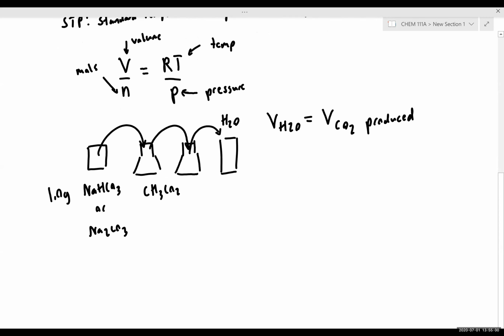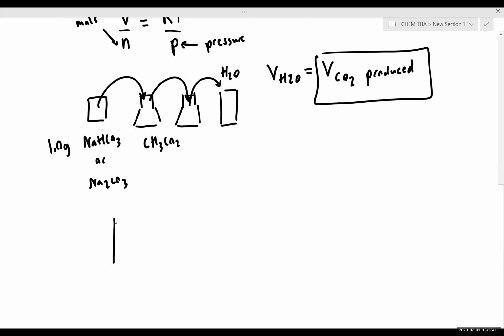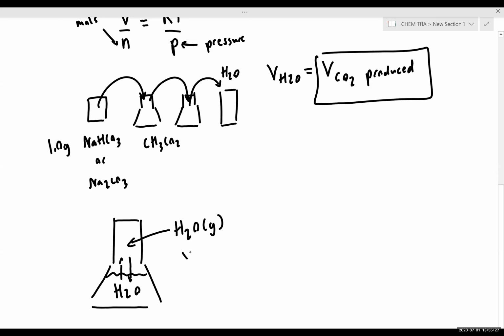Now, from here, we know the volume of gas produced. Now let's talk a little bit about what's going on inside our water collection flask. Inside our flask, we have water, and above the surface, the gas consists of water vapor plus carbon dioxide gas, which is our product.